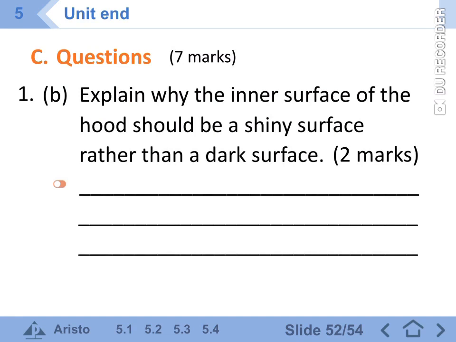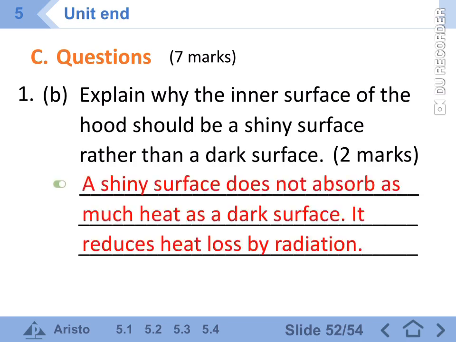Now, explain why the inner surface of the hood should be a shiny silvery surface rather than a dark surface. So think about it. If it's dark, it means that it will absorb the energy, but you don't want that, right? You want the radiation to bounce off so that it will not be absorbed.